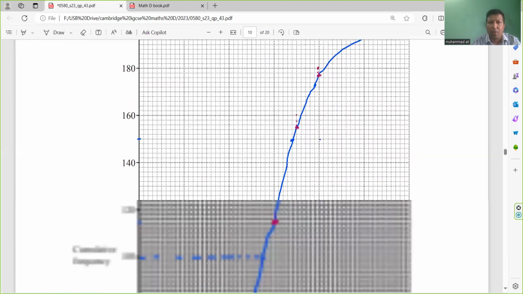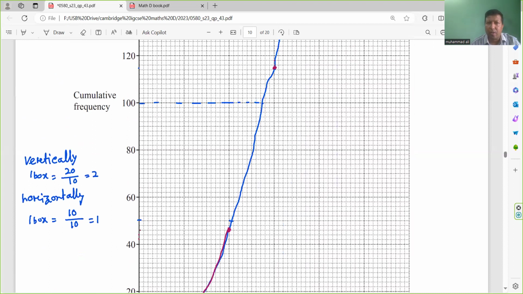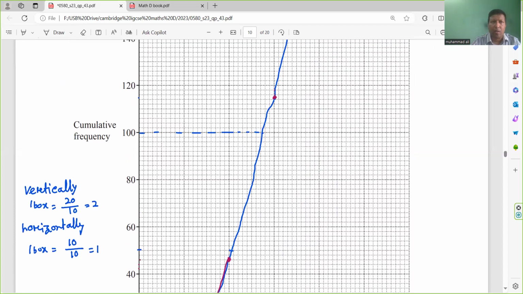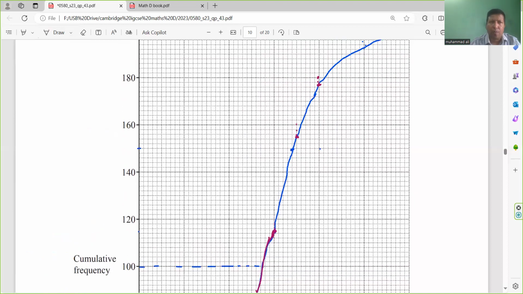Now here I have already drawn it. So you can join smoothly. If you join smoothly, this coordinate joins to another coordinate, smoothly join here.